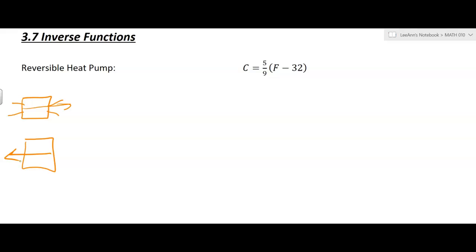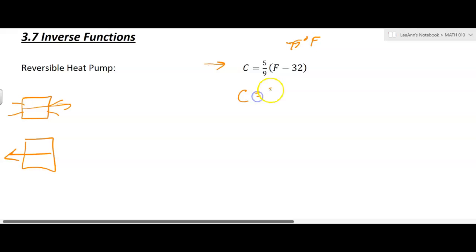So here we have another example. It's temperature. If you want to find the Celsius temperature from the Fahrenheit temperature, you can use this formula. It's a real formula. So let's say the temperature is 75 degrees Fahrenheit, and you want to know what it is in Celsius.